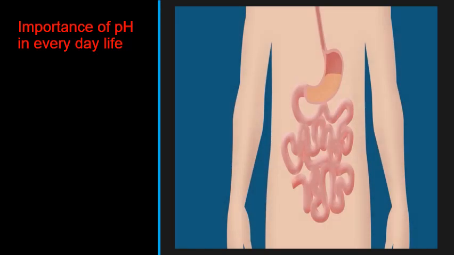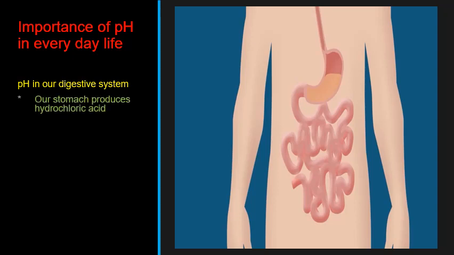Now another concept of pH in daily life: how pH affects the digestive system. Our stomach produces dilute hydrochloric acid. What is the purpose of this hydrochloric acid?